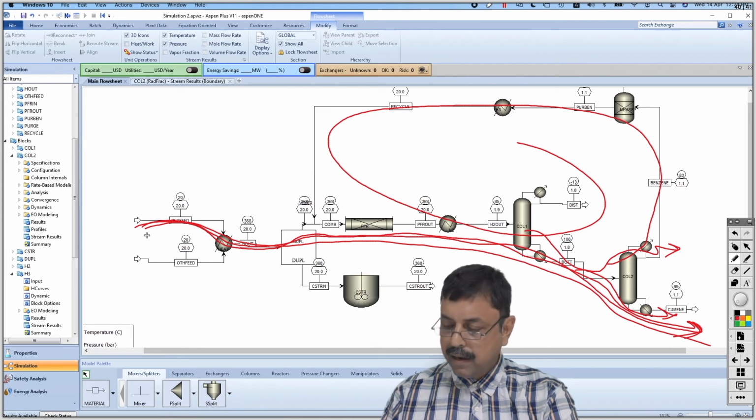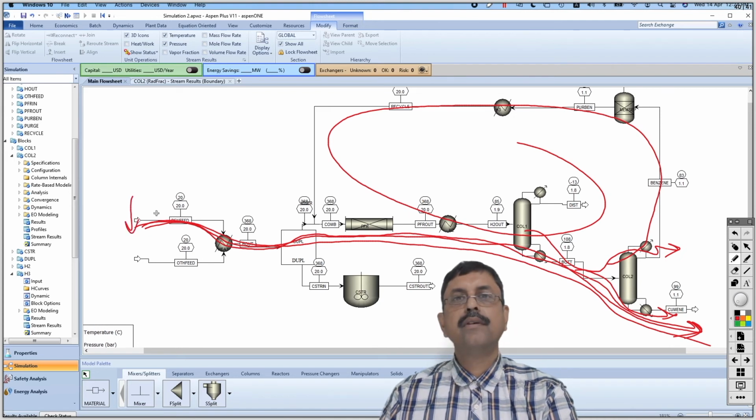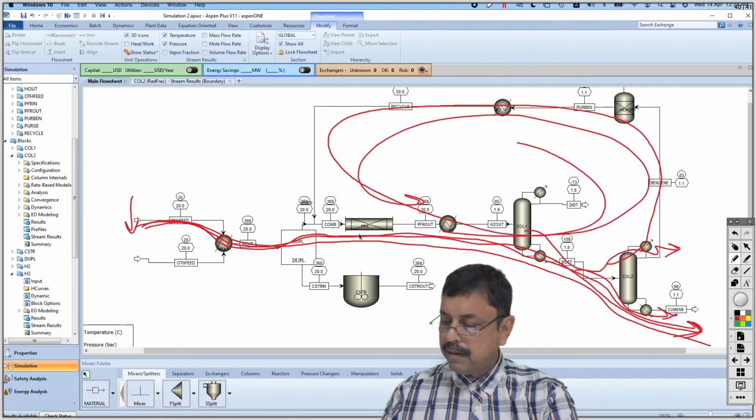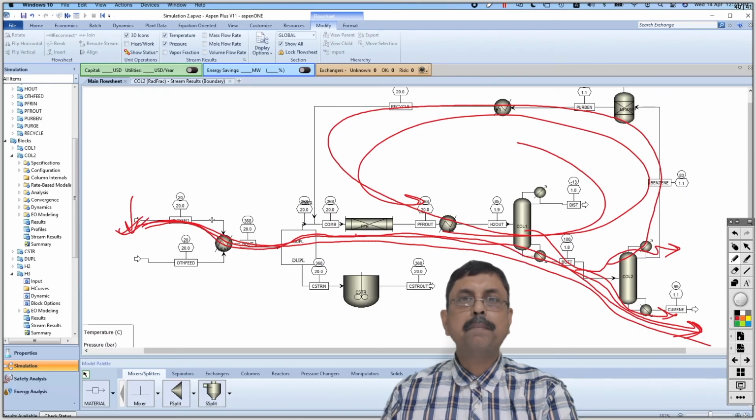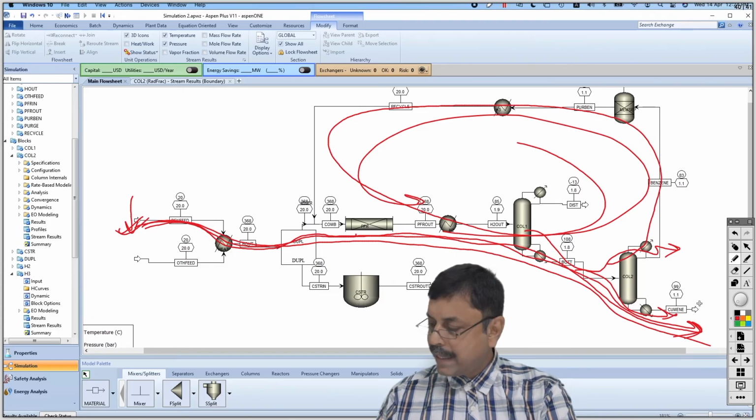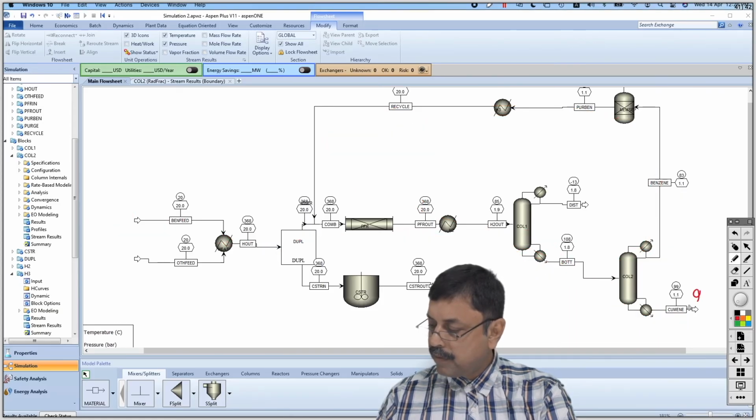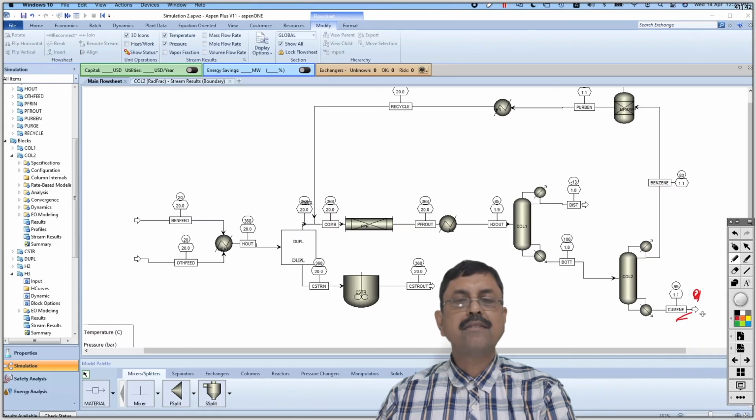In other words, this extra amount of benzene is not required in the system. We can very well reduce the supply of benzene, because unreacted benzene is being recycled. Why supply extra benzene in the line? So we want to reduce the benzene with an aim to increase the purity of cumene as much as possible.